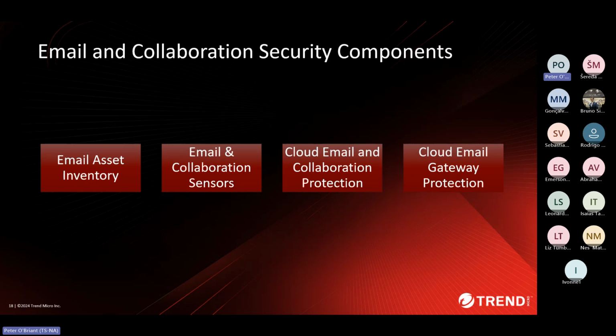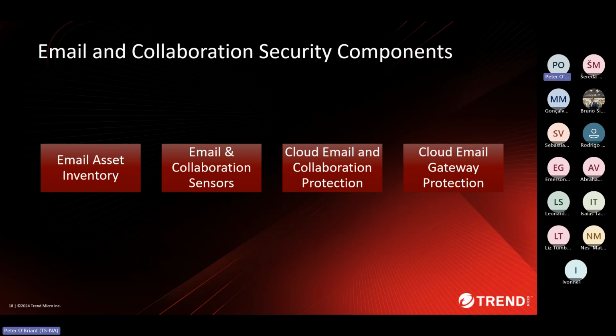We also have the email and collaboration sensors section, then the cloud and email collaboration protection portion, and then finally the cloud email gateway protection. So each of these provide different functionality.